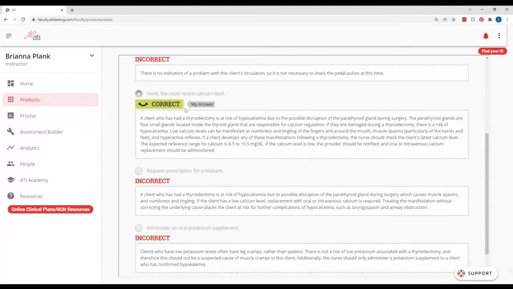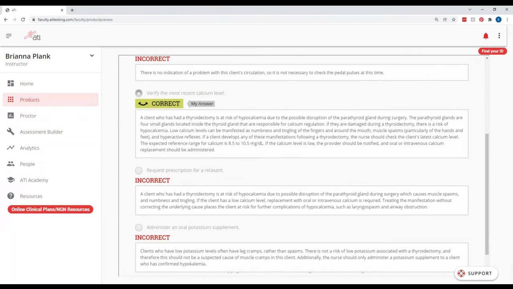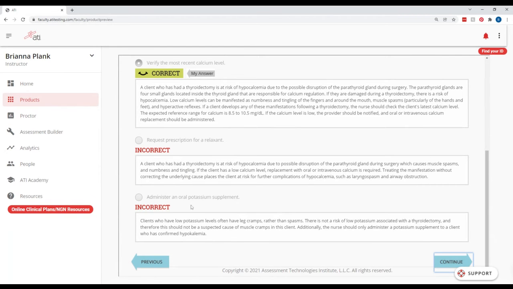And it may be as simple as replacing the calcium, but you could also give a muscle relaxant if they're really uncomfortable. Potassium is really not related to spasms, it's related to leg cramps. So if the question would have been they have leg cramps, we would have been more concerned about potassium.